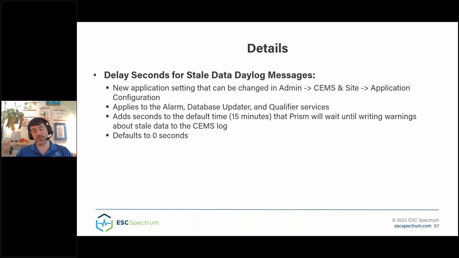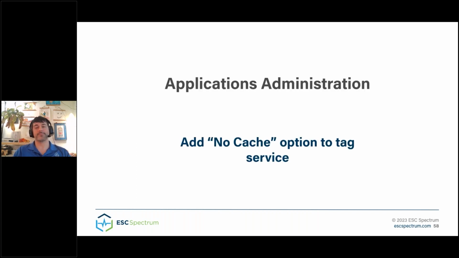By default, it's at 0. So if you upgrade, this isn't going to change the behavior of your system at all unless you come in and change the setting. This is how long after the default time. The default time is 15 minutes, and the setting is in addition to that.